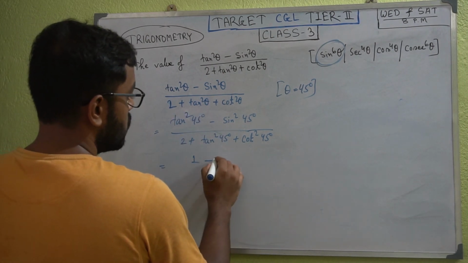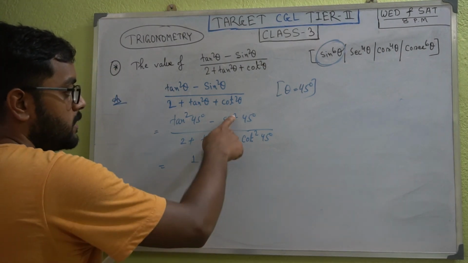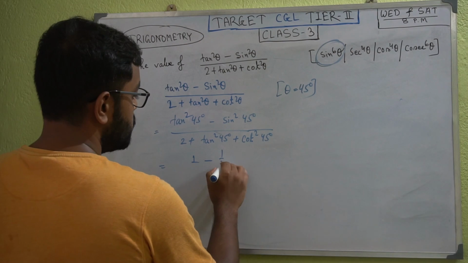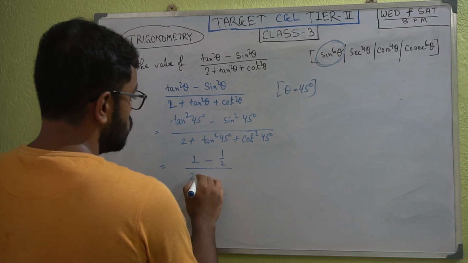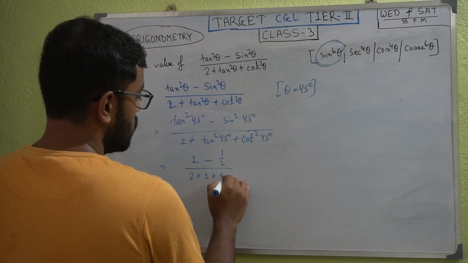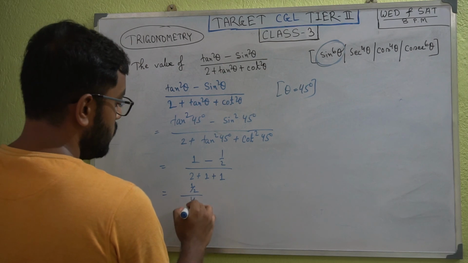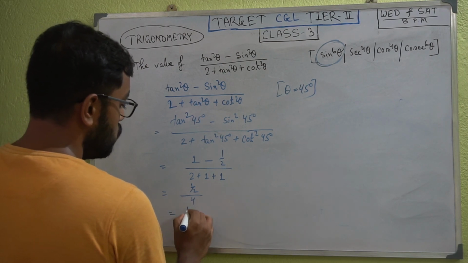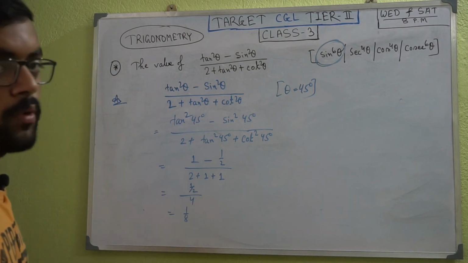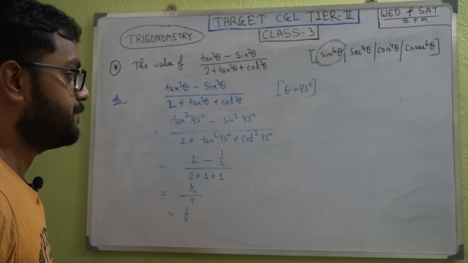That value will be 1 minus sin 45 equal to 1 by root 2 and square, that is 1 by 2, and 2 plus here is 1 plus cot 45 equal to 1 also. 1 minus 1 by 2, that is 1 by 2 by 4. So that will be 1 by 8. Then the value of this function will be 1 by 8.